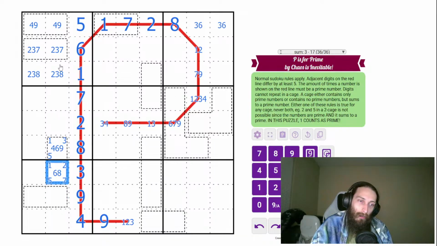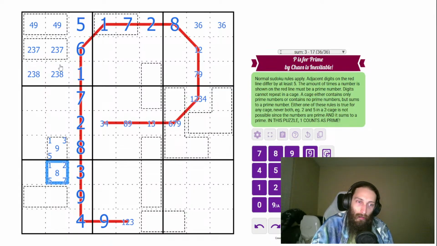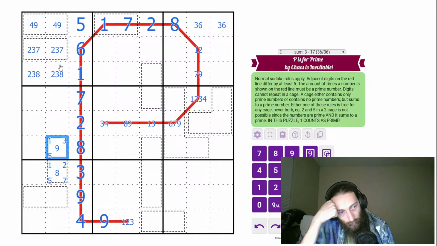And if the bottom is even, the top has to be odd. So it would have to be 8, 9. And if they're prime, they have to sum to composite.